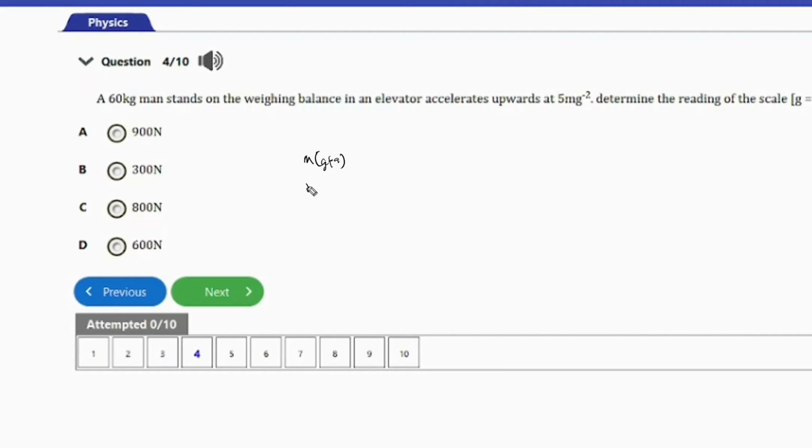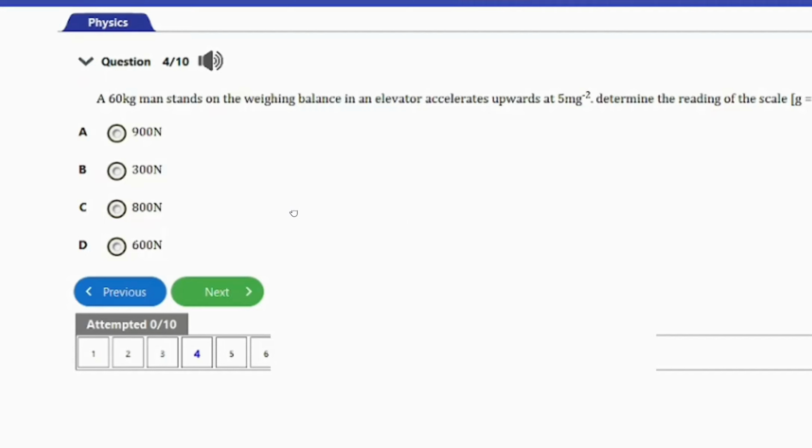So the mass is 60 kg. The acceleration due to gravity g is 10 meter per second squared, and the linear acceleration here is 5 meter per second squared. So 60 into 10 plus 5 is actually 60 into 15, and that's 900 Newton. So option A is the answer to this question. Let's go ahead and consider the next question, guys.